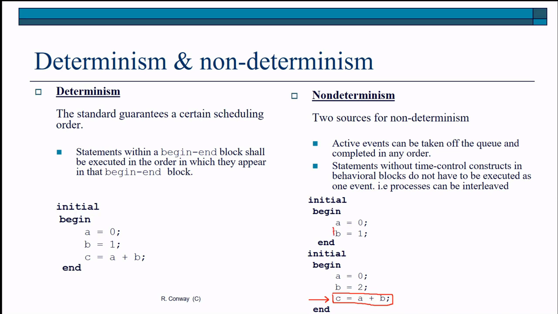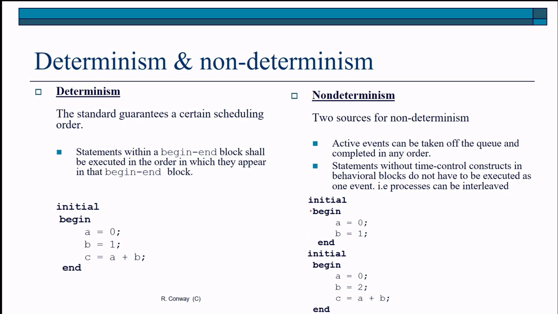The value for B depends on whether this particular statement has occurred before we execute this statement for the update to C. When we perform the update to C, we know that this statement has occurred, but this statement here may or may not have occurred before we execute C. And if it has, the value for C will be 1, and if it hasn't, the value for C will be 2. And we've no guarantee as to which value will be assigned to C.